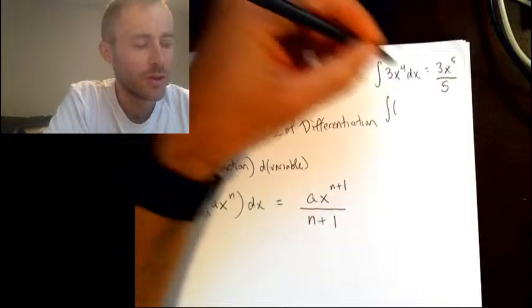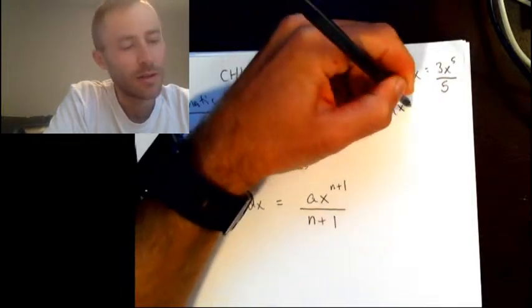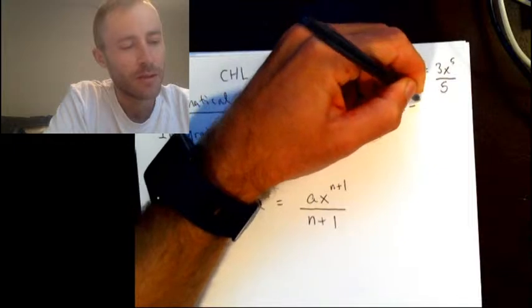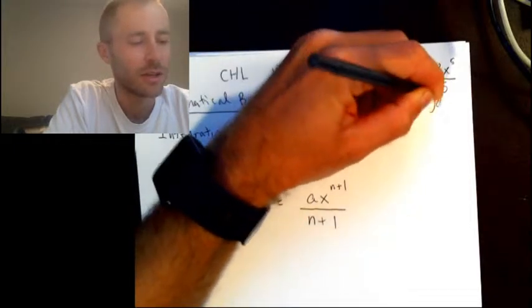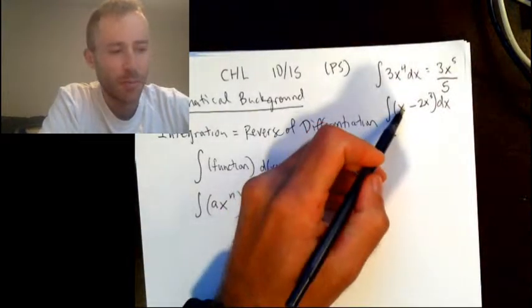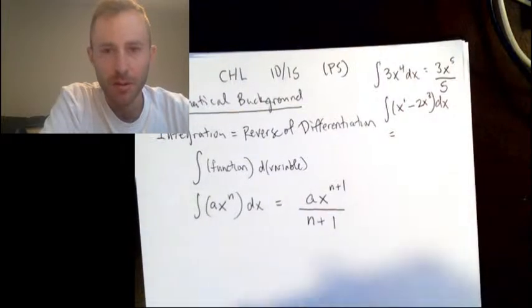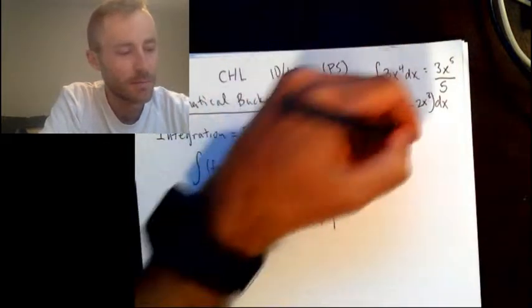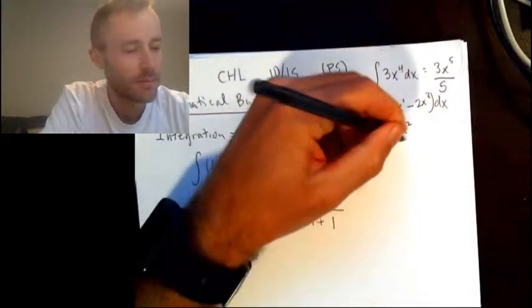For example, what if it was x minus 2x cubed dx? Well, I'm going to bump up the power. This is x to the 1 power, remember? So I bump it up and I get x squared, and then I divide by the bumped up power.